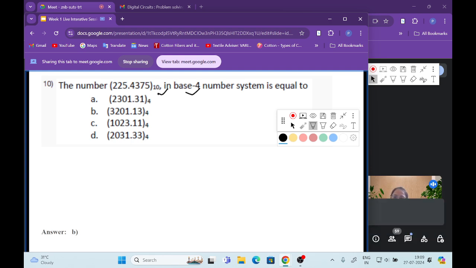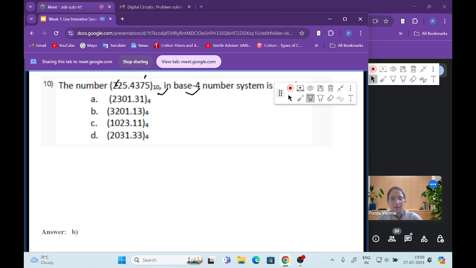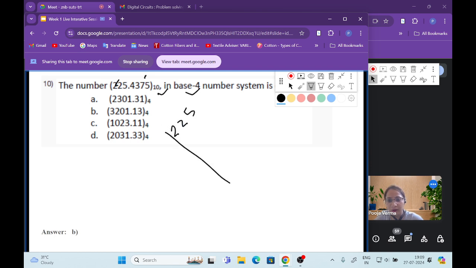As already told, if a decimal number is given, you have to convert it to any base. In the integer part, you have to divide by that base, and in the fraction part you have to multiply. So take the integer part and divide by 4 because we have to represent it in base 4.